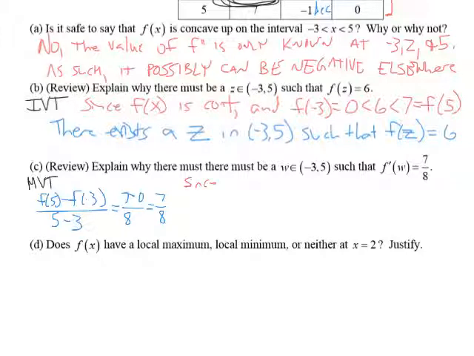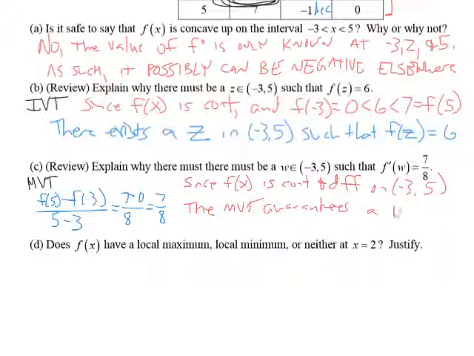So since f of x is continuous and differentiable on -3, 5, the MVT guarantees a w in -3 to 5, some value between -3 and 5, such that the derivative at that point, the slope at that point, is equal to the average slope of 7/8.